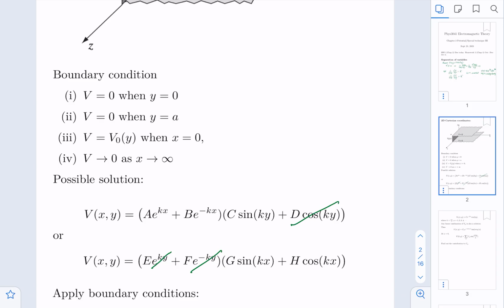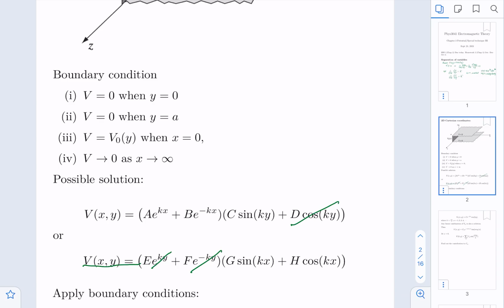This means that even though the second expression could possibly exist if we didn't specify the boundary condition, the first boundary condition actually kills off the expression here, because e must be 0 and f must be 0, and then the entire expression is 0. So this kind of solution does not exist, and what's possible is only the first kind of expression.